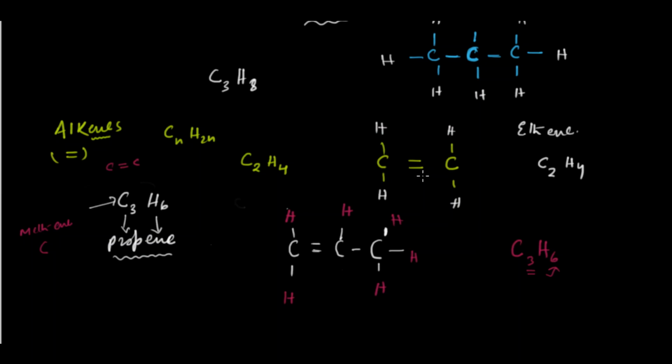Now one more thing you should pay attention to is that they are unsaturated, like I said when I was categorizing the hydrocarbons. Why are they unsaturated? Suppose I bring ethene, C2H4, and try to react it with hydrogen, so it can form C2H6. What will happen here?